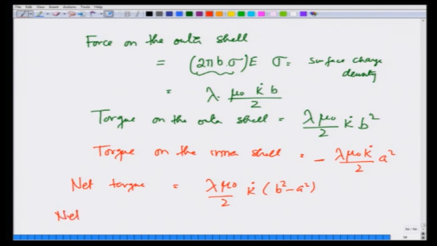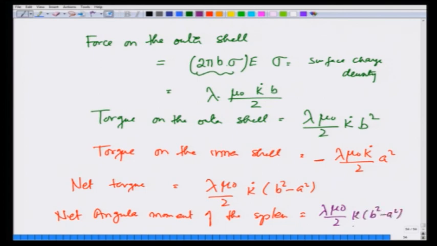Net angular momentum of the system is going to be, when I integrate this, by the time k comes to 0 starting from some initial value of k, lambda mu 0 over 2 k (b square minus a square).